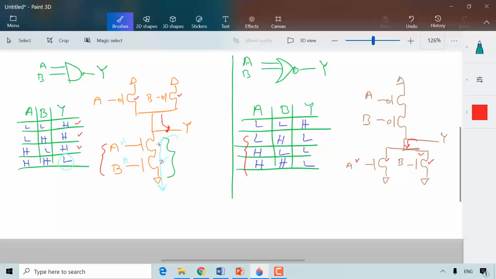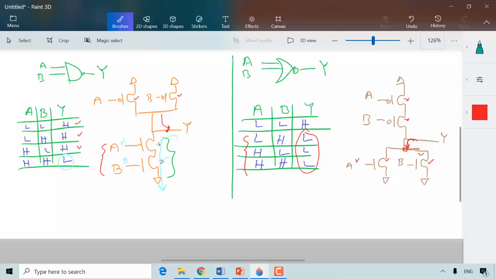Notice that when one of the inputs is high, one of these PMOSes will be off, cutting the path between the output and the power supply. So when one of the inputs is high, we have a path to the ground and no path to the power supply. That explains why you have a low output here.